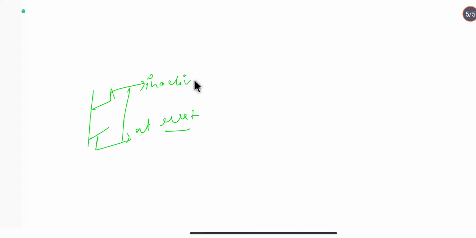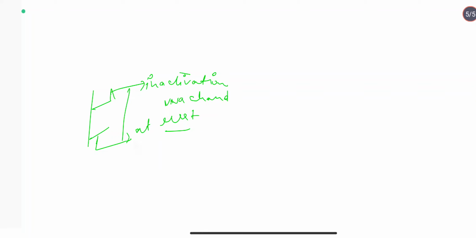Now a little thing about this voltage gated sodium channel. It has an activation gate and an inactivation gate. Normally at rest, the inactivation gate of the voltage gated sodium channel is open.